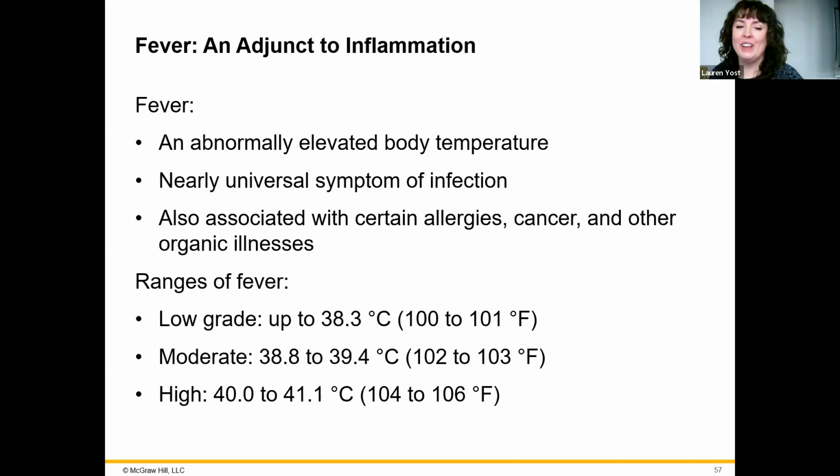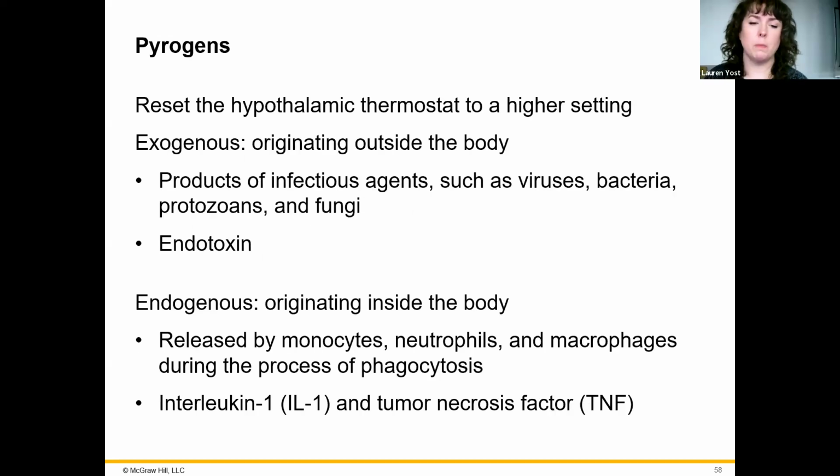So if you are an adult and otherwise healthy person, if your temperature is below 100, you don't need to be going in for that, okay? If there's something else going on, go for that, like coughing and coughing and coughing, fine, but this is not the reason, okay? If you get above 100 to 101, especially if it's lasting for a really, really long time, this is a concern. Moderate fevers and then high fevers. Of course, if you get above 102, I would hope you would be concerned about your illness.